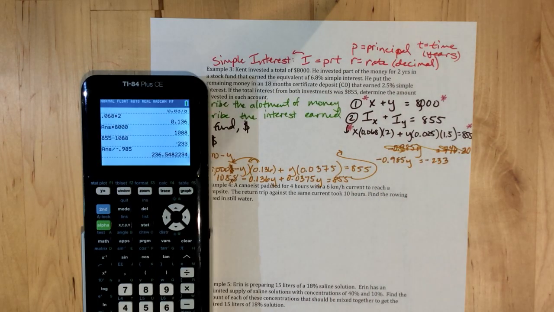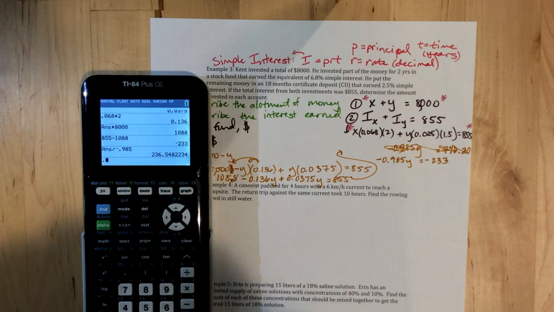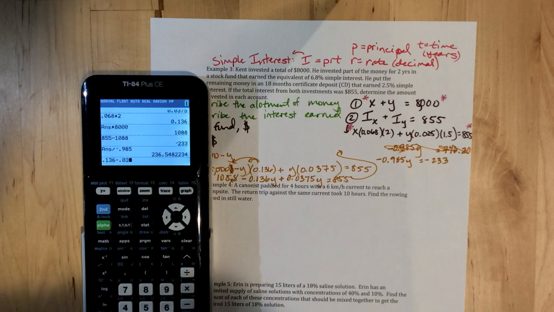And again, I'm missing the decimal. Where did you go? 1,088 minus 855, let's see, 0.136 minus 0.0375, 0.0985, so 1,088 divided by 0.0985.